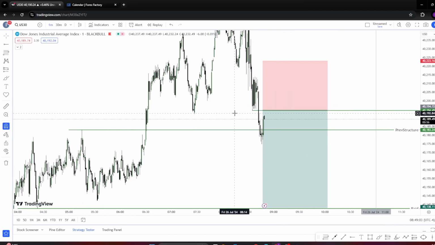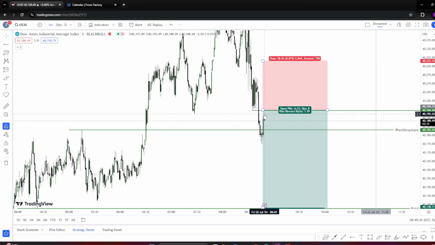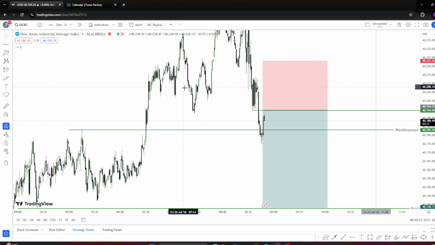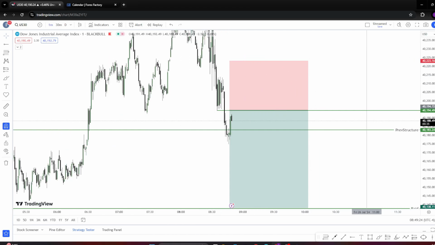So now we're getting really close to the fill, and I'm keeping an eye on my MetaTrader because I want to know exactly when I'm filled. So yeah, let's see. It would obviously be very painful if it ran without me, but once again, I do not suffer from FOMO.